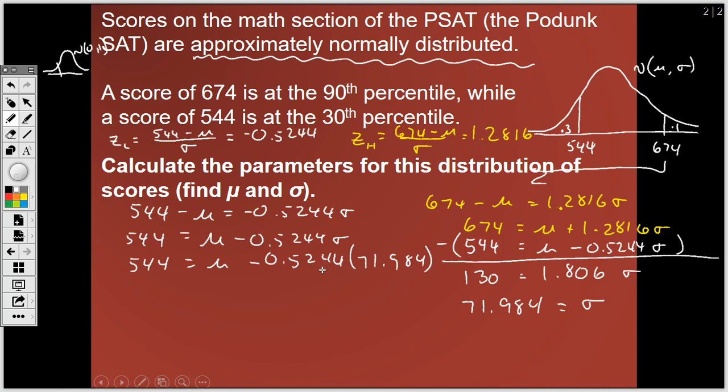And again, there's a lot more digits here. I'm going to go get all of those. And I got, when I'm all done, mu equals, I multiplied this out and then I'm adding it to the other side because this is a negative. I got 581.749.